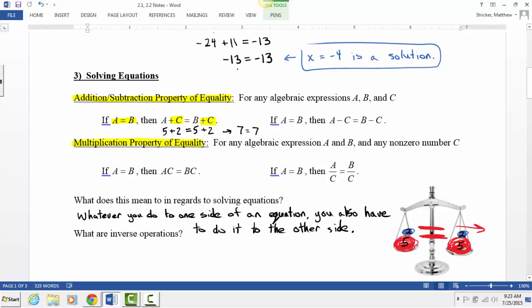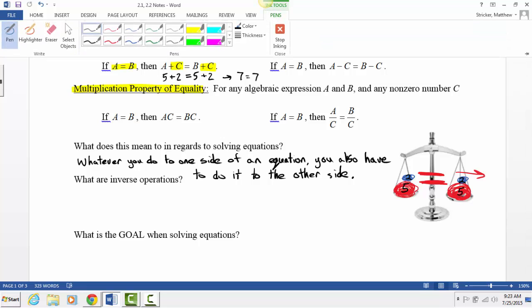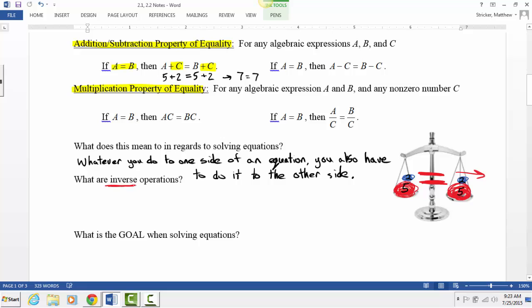And the way we're going to do this is through the concept of inverse operations. The whole idea of inverse is the word undo, or the opposite operation. For example, adding and subtracting are inverse operations.